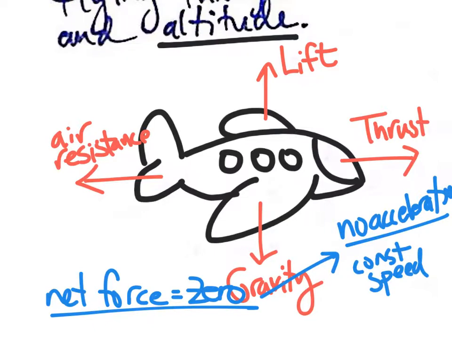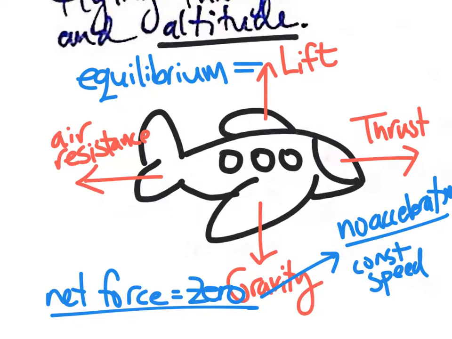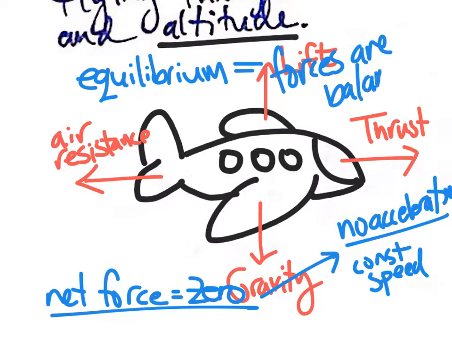Okay, we can also say that the plane is in equilibrium. And equilibrium means the forces are balanced. Okay, so there's our free body diagram.